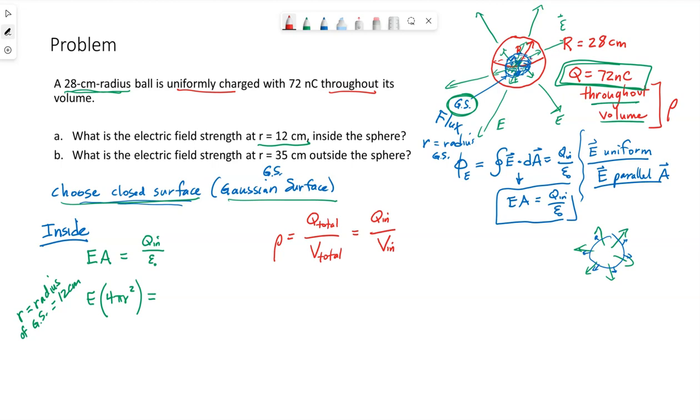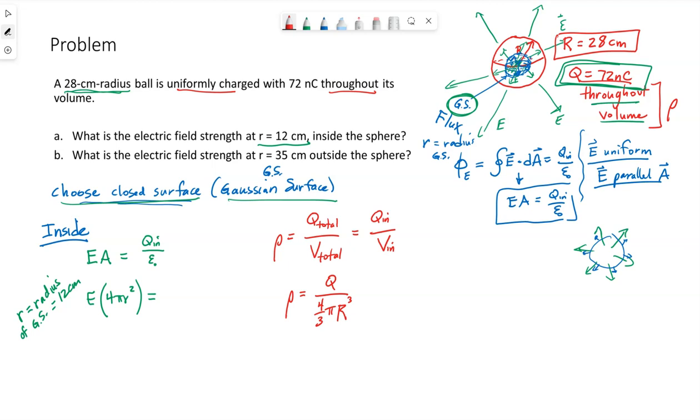We know the total charge that's given to us in this particular problem. That's this 72 nanocoulombs. The total volume of the sphere would be 4/3 pi r cubed, where that radius is specifically the 28 centimeters of the ball that is charged.